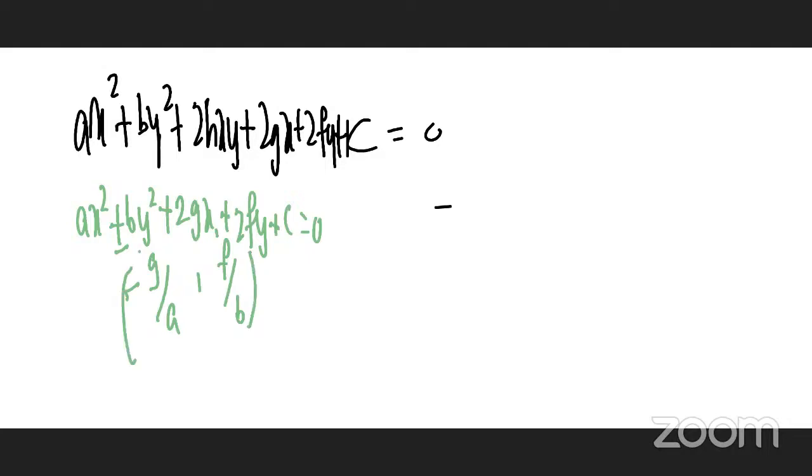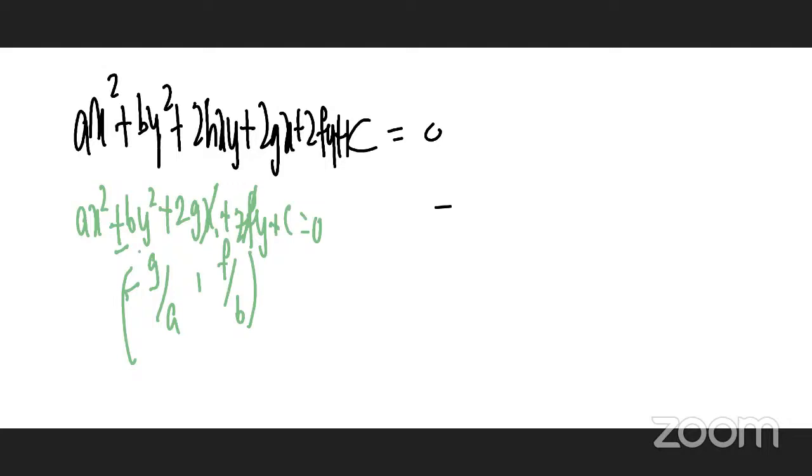The equation is ax square plus by square plus 2gx plus 2fy plus c is equal to 0. In this equation, I have to delete the first order terms, 2gx and 2fy. In such a case, I should shift my origin to minus g by a comma minus f by b.